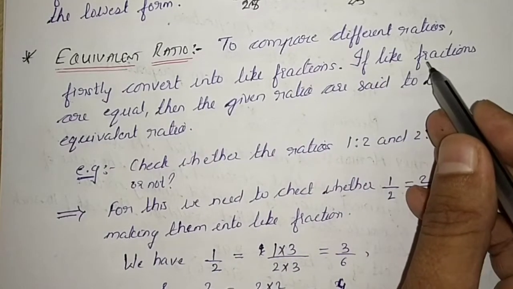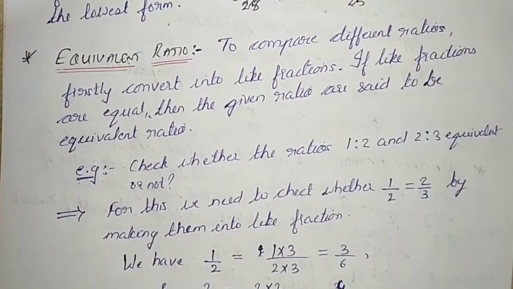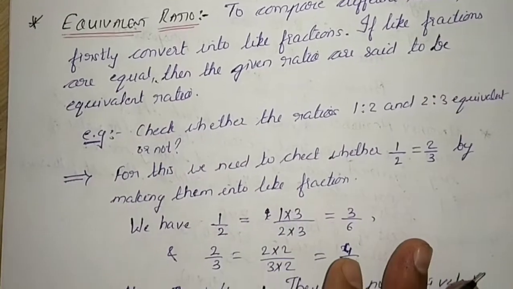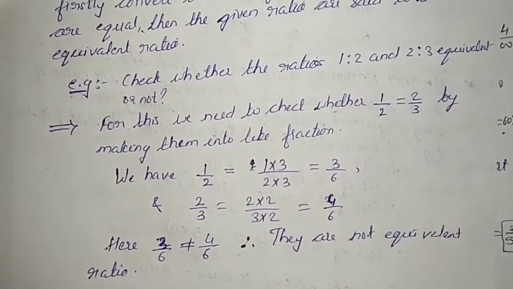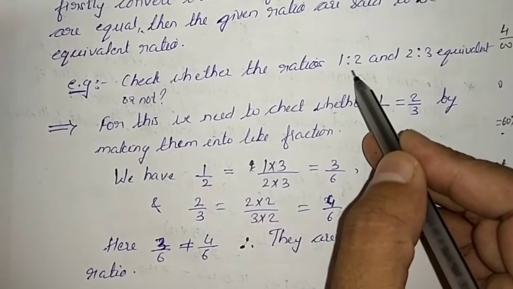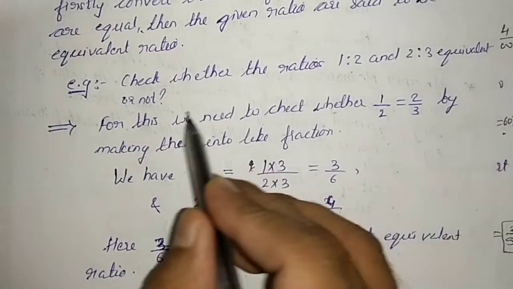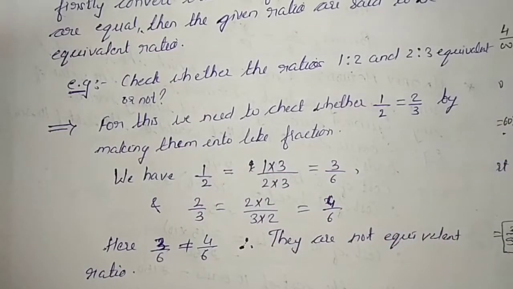If the like fractions are equal, then we can say that the ratios are equivalent ratios. Let us understand with the help of an example.